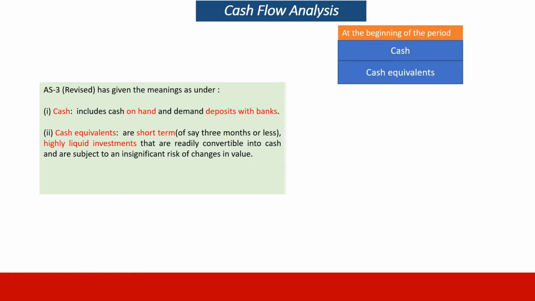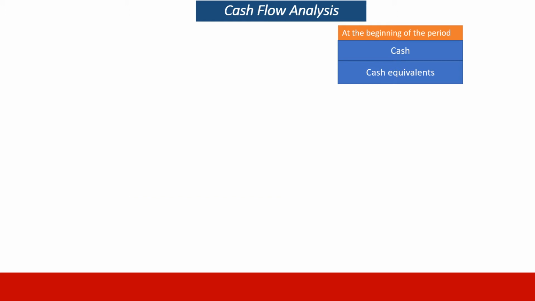Cash equivalents are nothing but short-term, say 3 months or less, highly liquid investments which are readily convertible into cash with insignificant risk of change in value. If these conditions are fulfilled by an investment which is of short term, it could also be taken as a part of balance in the beginning, cash and cash equivalents.